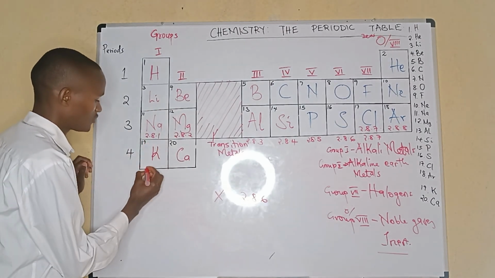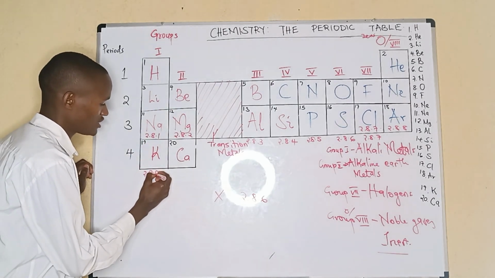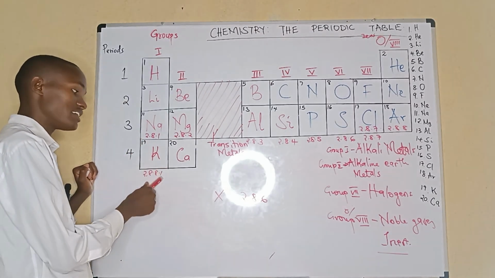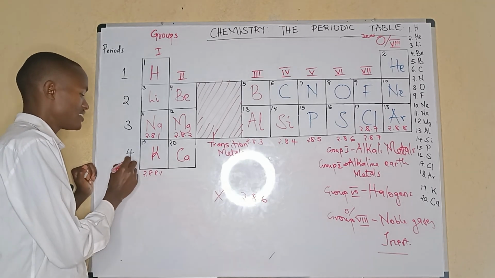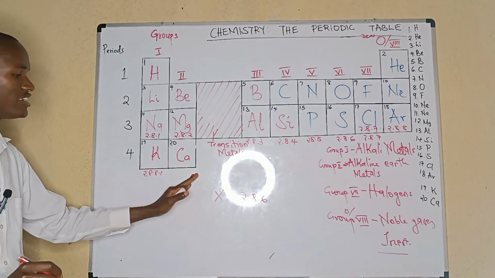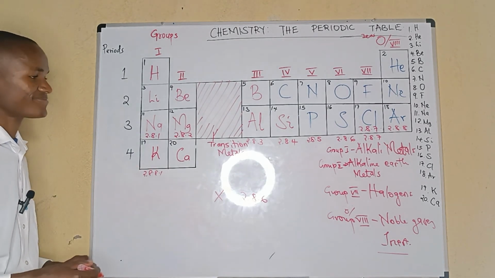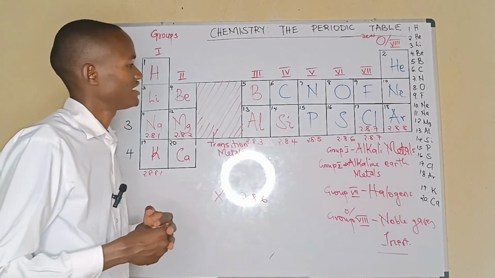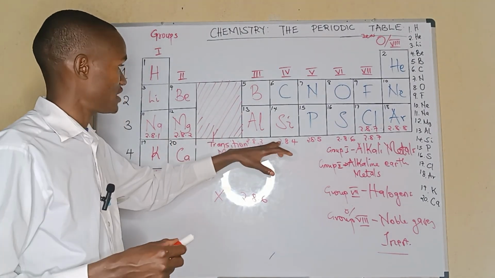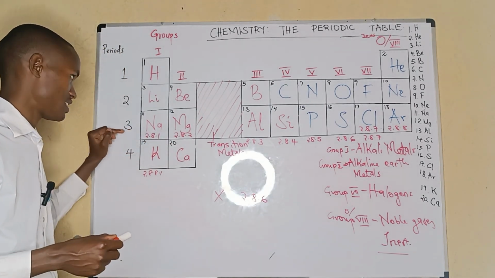We saw that potassium is 2, 8, 8, 1. It has 1, 2, 3, 4 energy levels, and therefore it is of period 4, together with calcium, 2, 8, 8, 2. So the period shows the number of energy levels, which shows the period in which that element belongs.